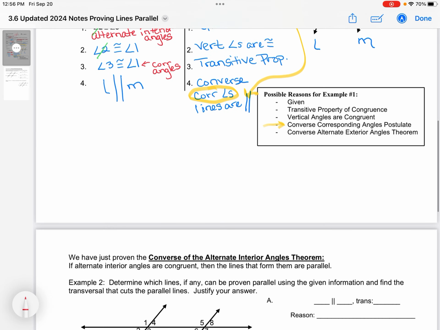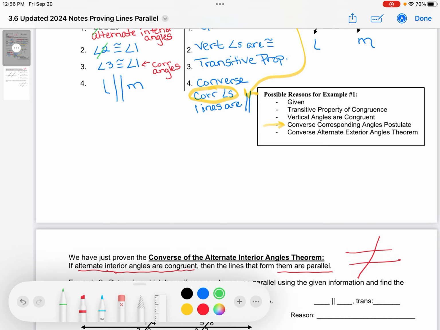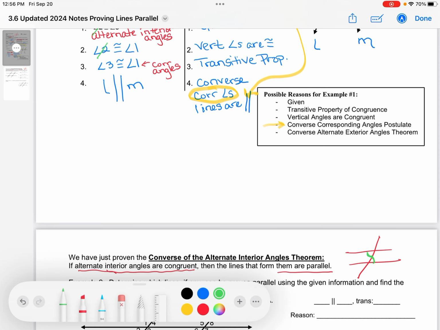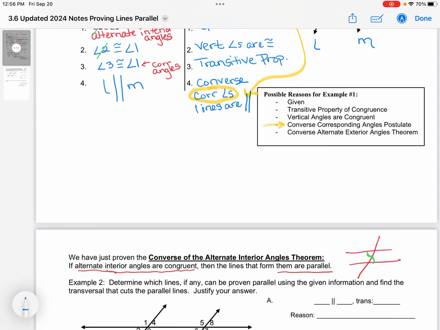Okay, so we just proved the converse of the alternate interior angle theorem. If alternate interior angles are congruent, then the lines that form them are parallel, and we'll do a little reminder. Alternate interior is here and here. So those are my alternate interior angles.